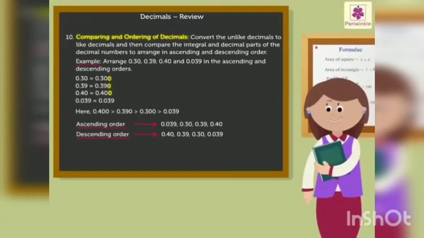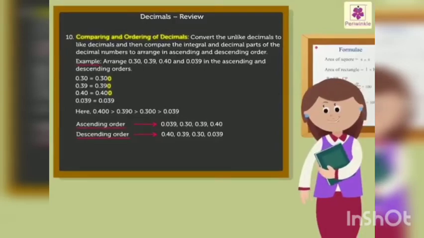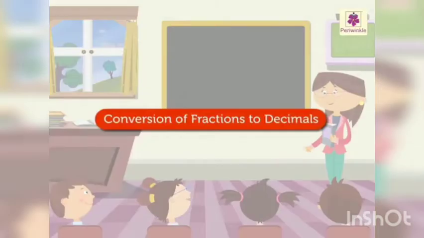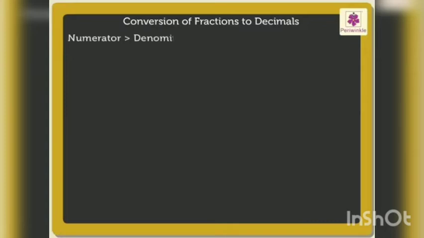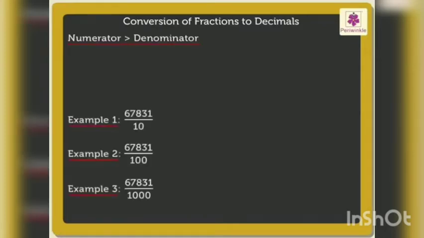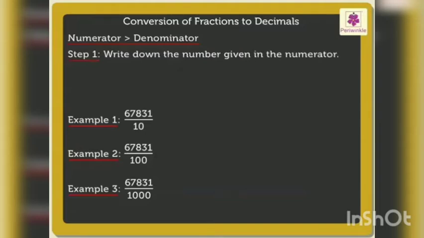Kids, this revision will definitely help you all. Fractions to decimals. Let's begin with fractions in which the numerator is greater than the denominator. Convert the given fractions to decimals. Step 1. Write down the number given in the numerator.